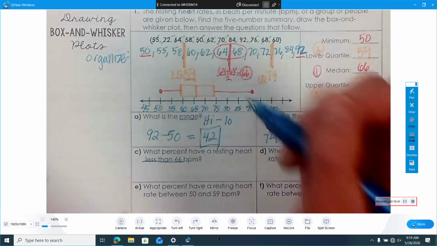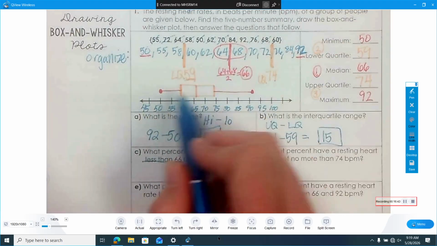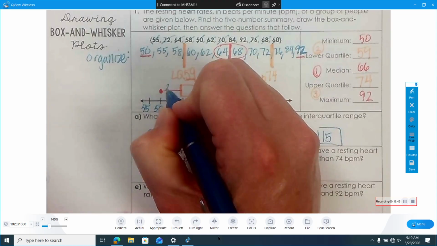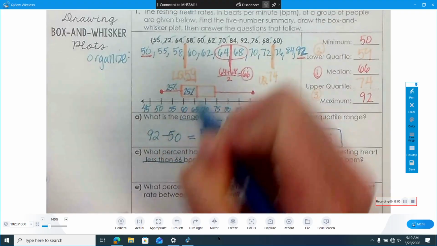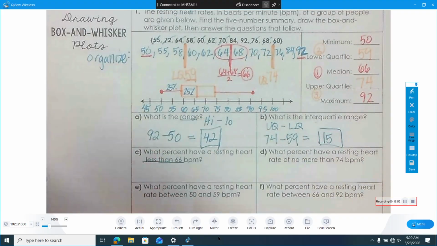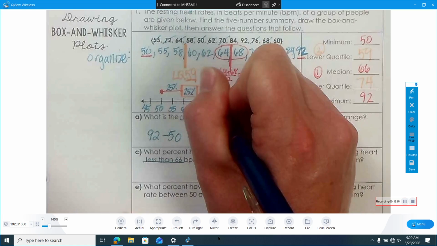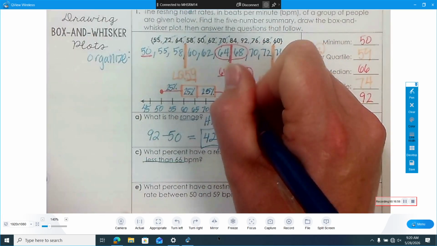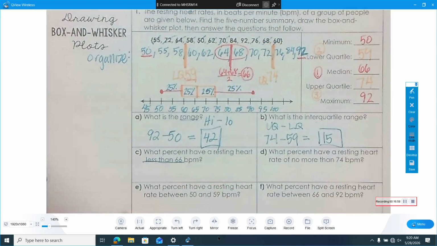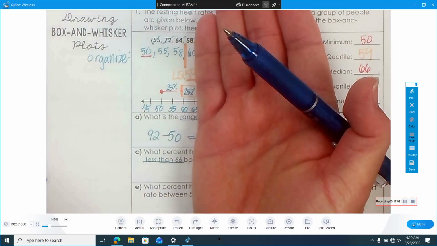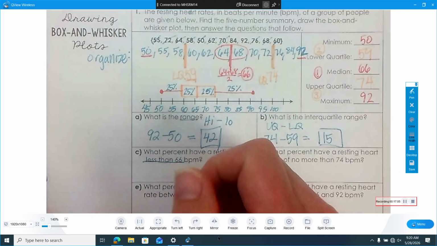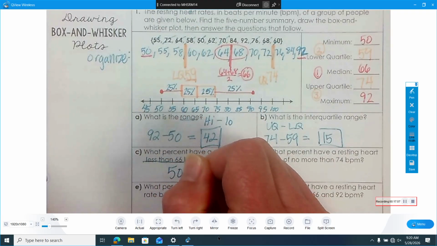Remember, each section is 25%. So 25% fall on a whisker, 25% fall on one side of the box, 25% fall on the other side of the box, and 25% fall on the far whisker. So if we're below 66, that's 25 and 25, which is 50. All right. So 50%.